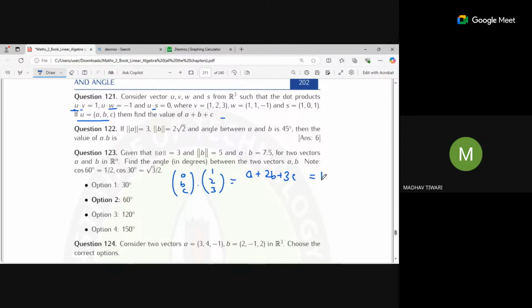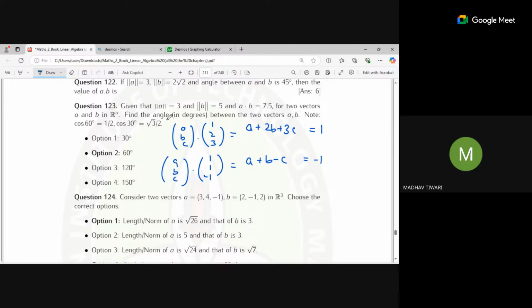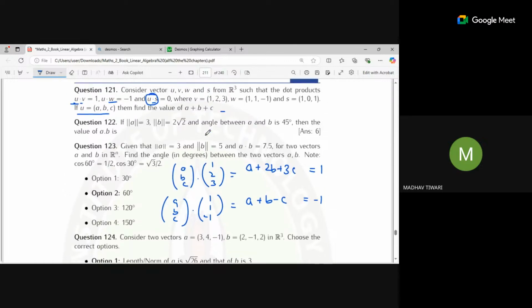It is given. Next, it is given that the dot product of u with w is minus 1. What is w? w is 1, 1, minus 1. So if you do the dot product, you will get A plus B minus C is equal to minus 1. Next, the dot product of u with s is given. u is A, B, C, and when you do the dot product with s, that is 1 0 1, you will get A plus C is equal to 0.